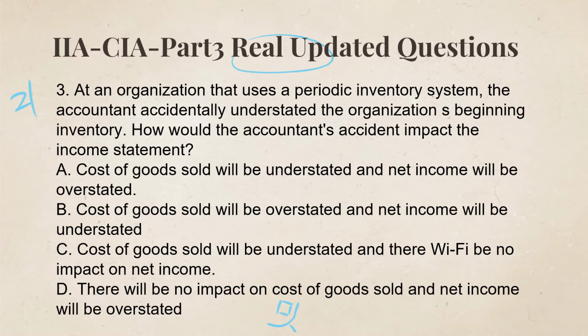B. Cost of goods sold will be overstated and net income will be understated. C. Cost of goods sold will be understated and there will be no impact on net income. D. There will be no impact on cost of goods sold and net income will be overstated.